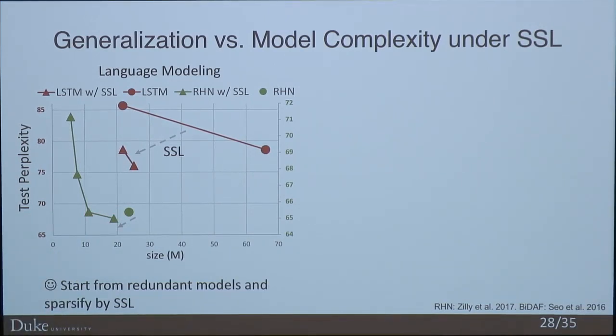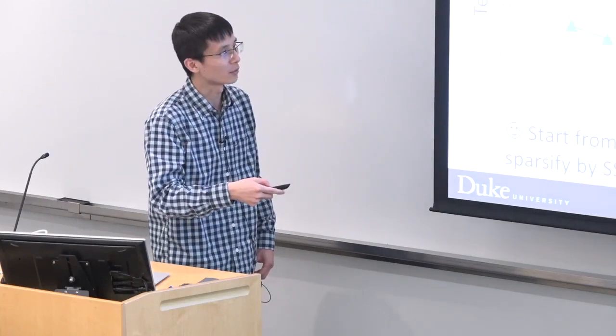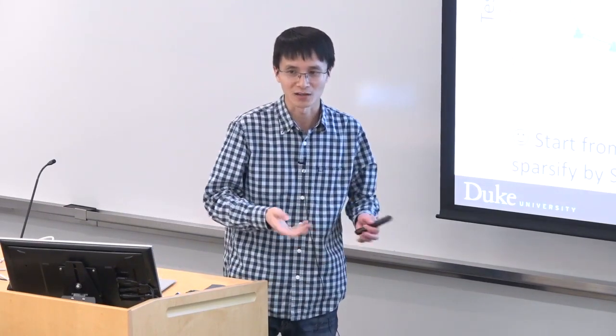From this trend, we can see if we start from a large model, then pull it down, we can get the benefits. We can make a better trade-off. So the implication is we should start from a redundant model and sparsify it down.